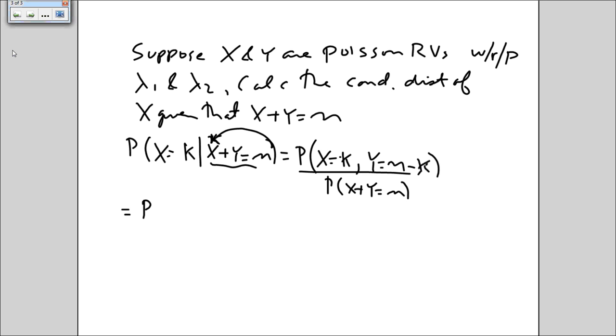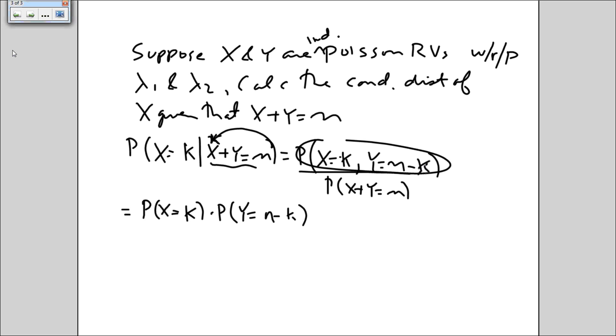Since X and Y are independent Poisson random variables, the numerator is just the probability that x equals k times the probability that y equals n minus k, divided by the denominator.